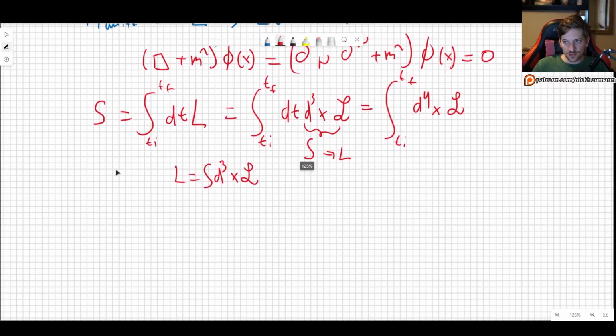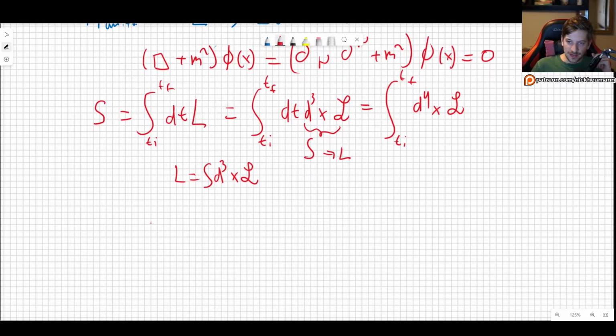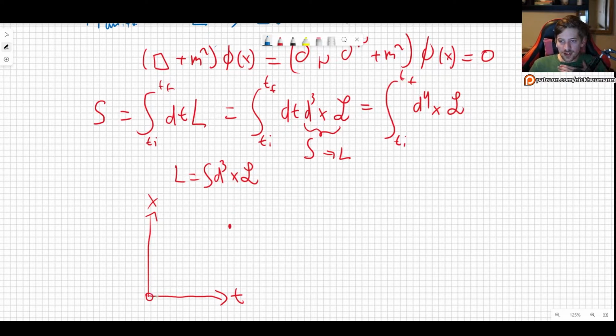And the whole point of the action is that if we quickly graph it, we have x and t, and here at 0 our starting point, and then somewhere over here our end point. So our particle, going from point 1 right here to point 2 over there, can take quite a few paths. It can go something like this, or something like this, or something like this.